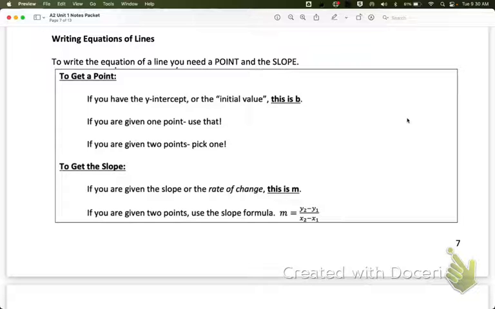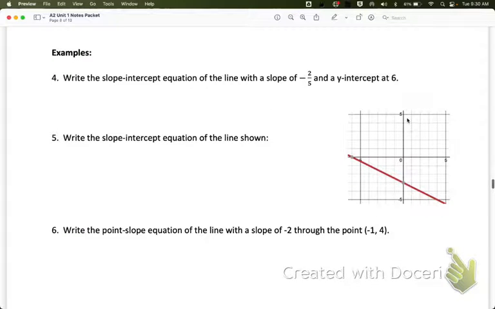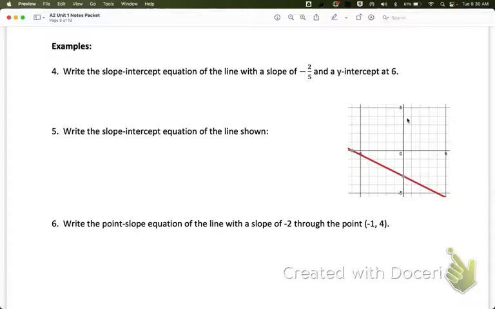So you're going to just choose the one that you like the best. Then to figure out the slope, they're either going to give it to you or they're going to tell you what the rate of change is, that tells you what the m should be. And then if you're given 2 points, we have to use the slope formula to figure out what the slope is. So we do need both points to figure out the slope, but to write the equation, you can pick whichever one you like. All right, so let's do these last examples here.